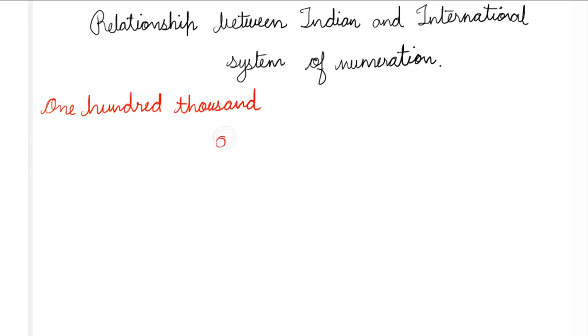So ones place, tens place, hundreds place and a comma, then thousands place, 10,000s place, and I will put 1 in the 100,000s place. So what is the value of the same number in the Indian system? Now I'm just going to write the same number without any commas. So it is 1 followed by 5 zeros, right?